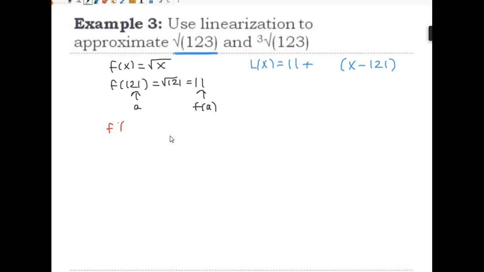So f prime of x is 1/2 x to the negative 1/2. f prime of 121 is 1/2 times 121 to the negative 1/2. So the square root of 121 is 11, and 1/2 times 1/11 is 1/22.